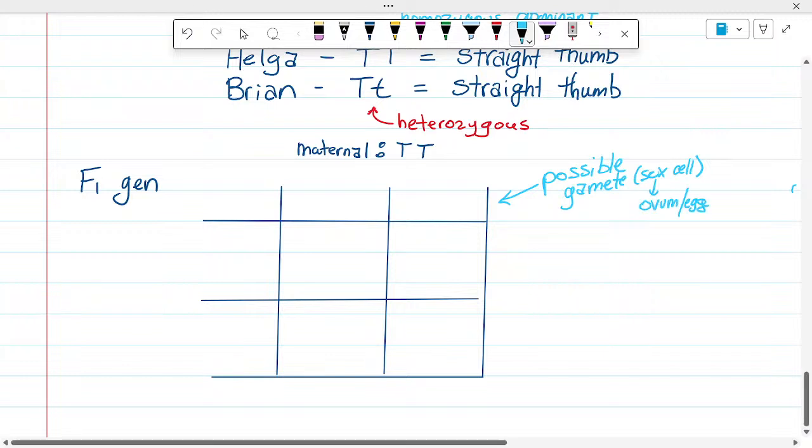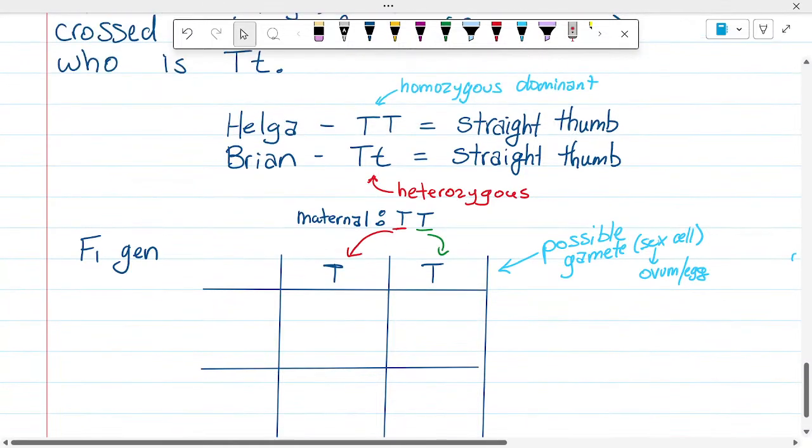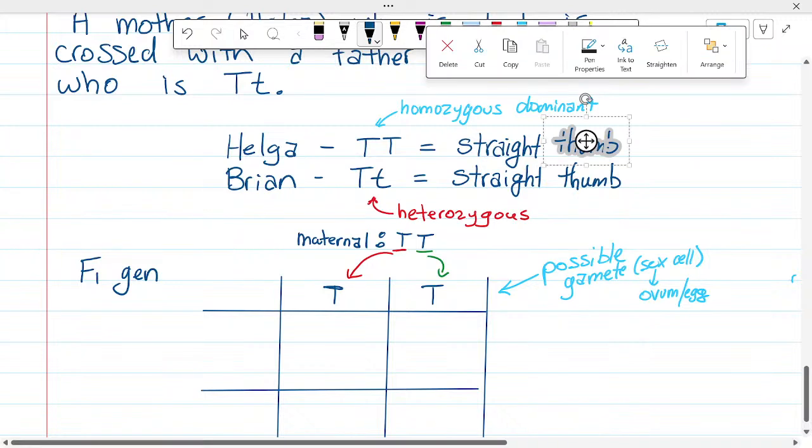All right. She can either pass on this one, which will make an ovum that's carrying big T, or she can pass on this one, in which case she'll make an ovum that's carrying big T. So in both cases, she's going to make the same because what is she? Homozygous. So if both of her copies are the same, then both of her possible egg cells are going to be the same. Does that feel fair?